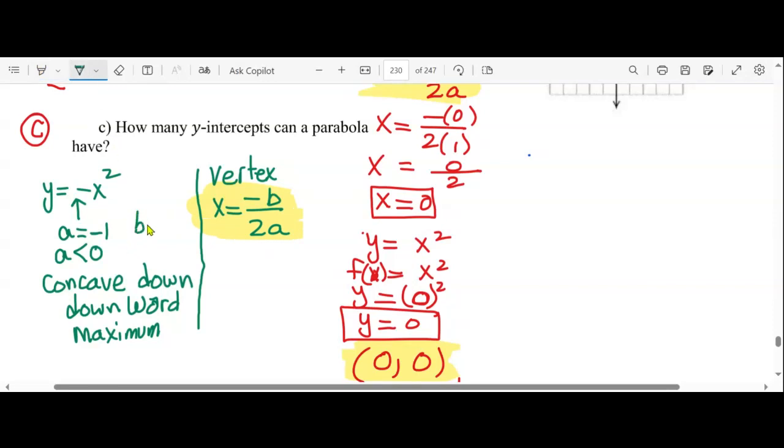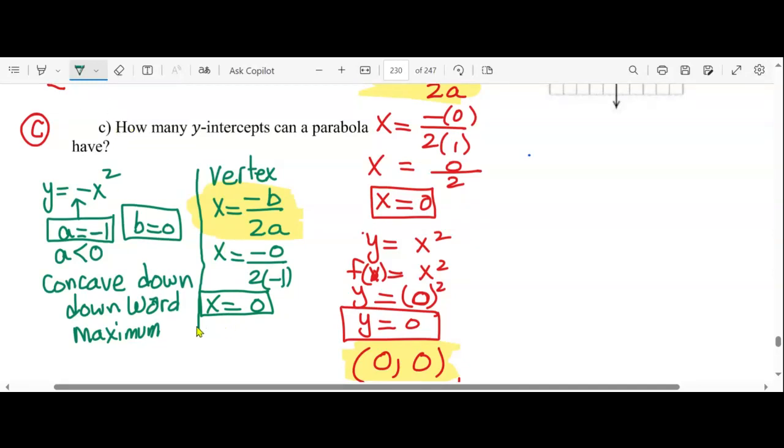We don't have b, so we'll put b equal to 0. So x equals -0 over 2 times -1. So x equals how much? 0. Okay, we got x equals 0.